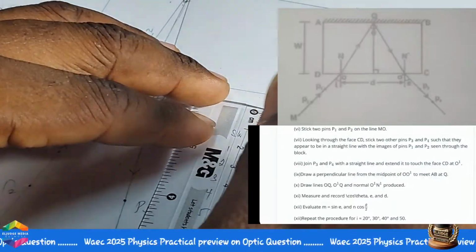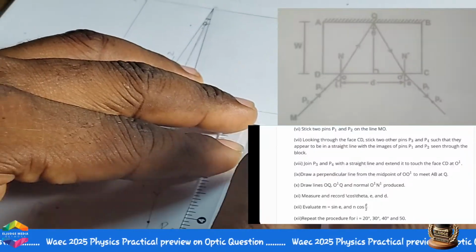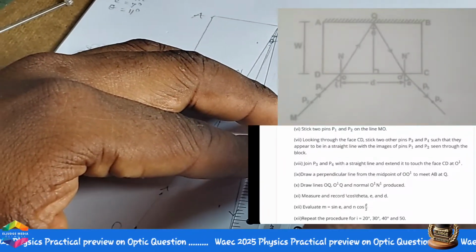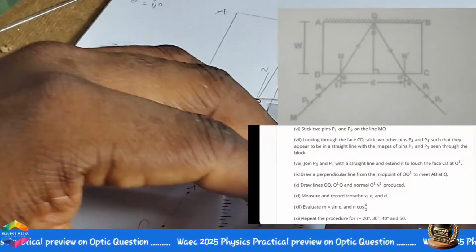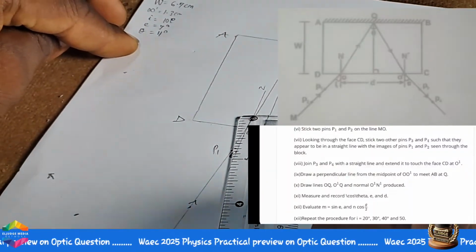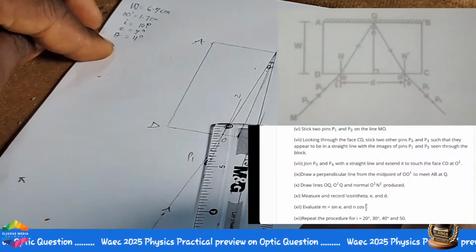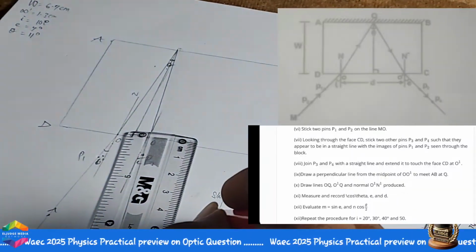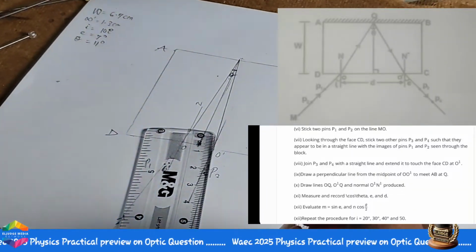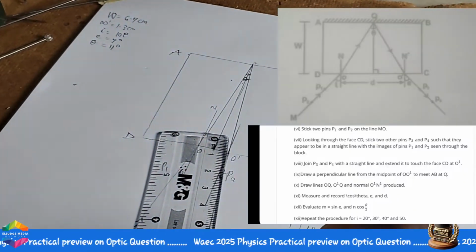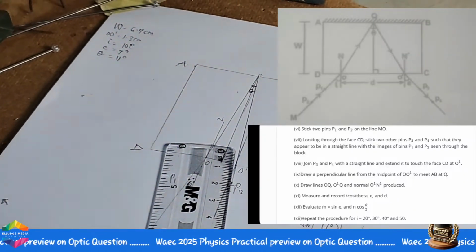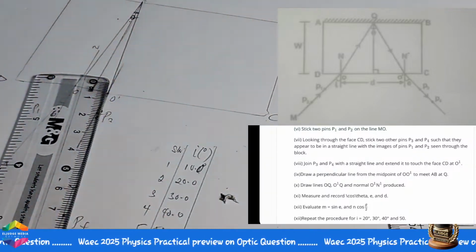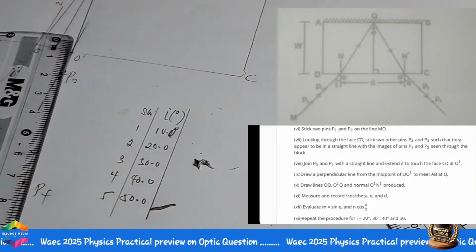So the first thing that we are recording is I in degrees. The first one is 10.0. The second one, I think we're told to do 20.0, 30.0, 40.0, 50.0. Capture this list.